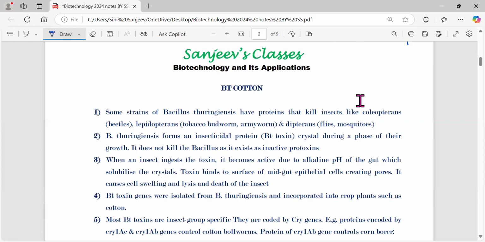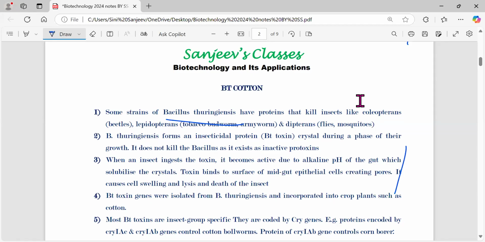BT is the short form for the organism Bacillus thuringiensis, which you can see here. Usually the genes you take here are insect group specific. Hence the strains of Bacillus thuringiensis produce a protein.